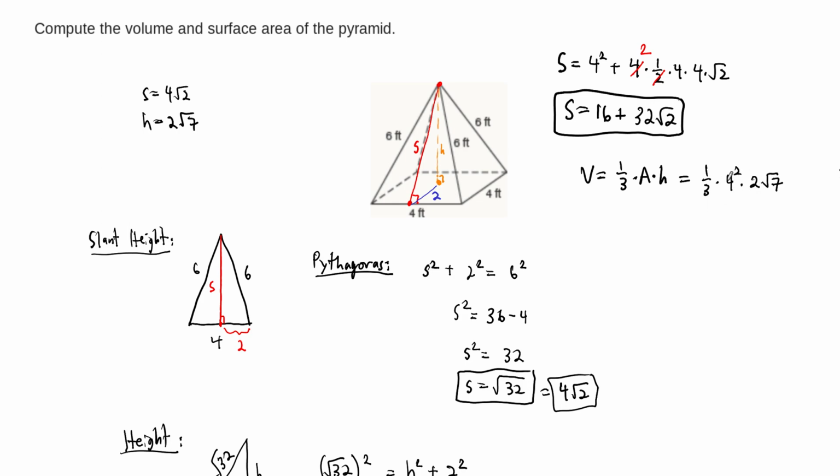So this is just going to be 32/3 times √7. So the volume is 32√7 over 3. All right, by the way, we should always keep our units. This is in feet cubed for volume, and the surface area is in feet squared.